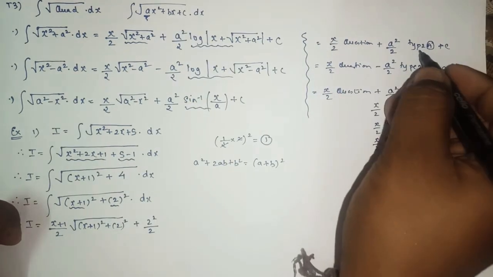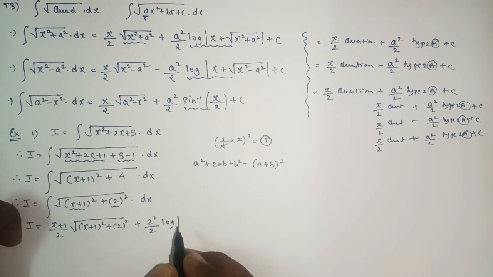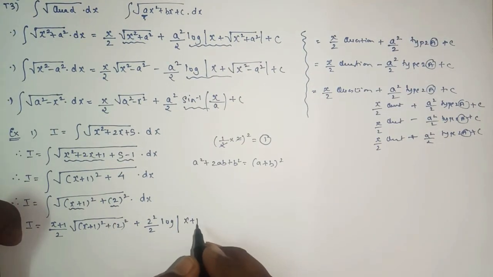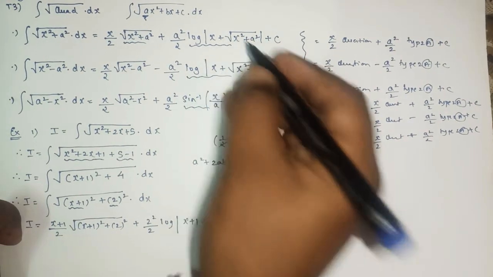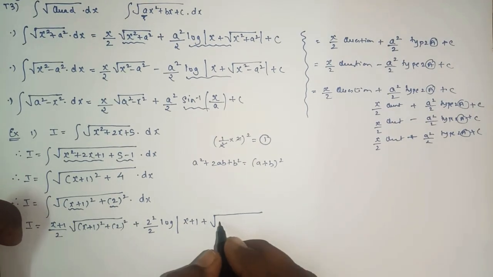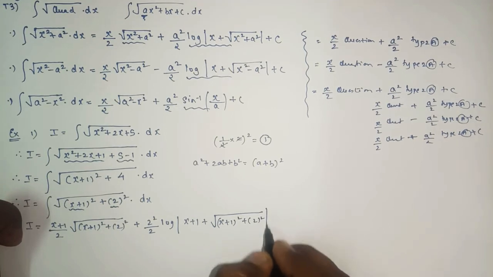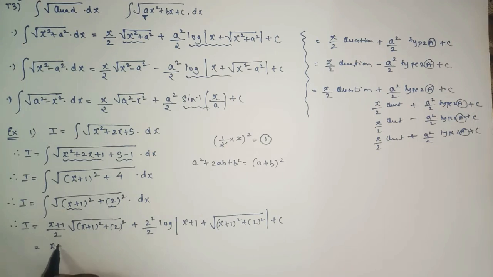Then this section is the type number 2a formula, so log mod x, what is there in place of x, that is x plus 1 plus root x square plus a square, that means the same section, so this same part will come, yes or no, plus c. So we have to integrate this step with respect to x. So now we'll do a basic adjustment.